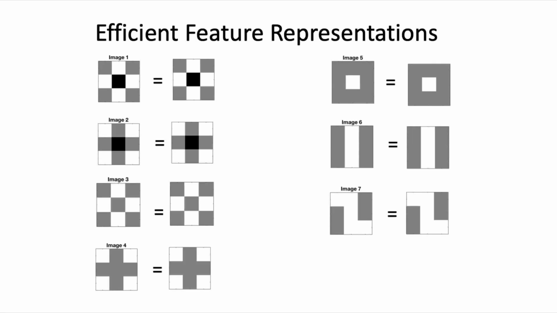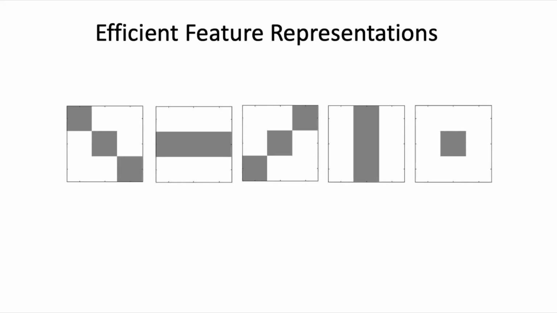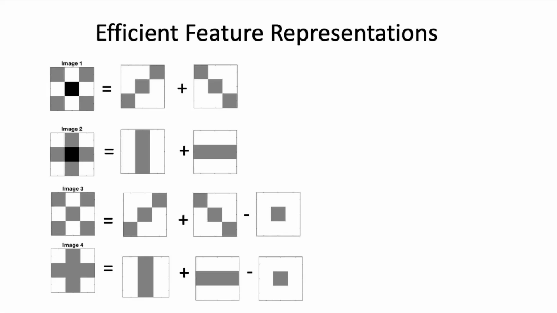However, we can still be even more efficient. Here is shown a feature set of 5 images. We can construct all of the 7 images in our world from these 5 basic images. How each of the 7 images can be constructed from the 5 basic images is shown on this slide and the next one.